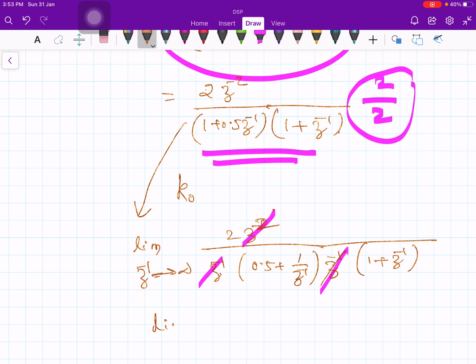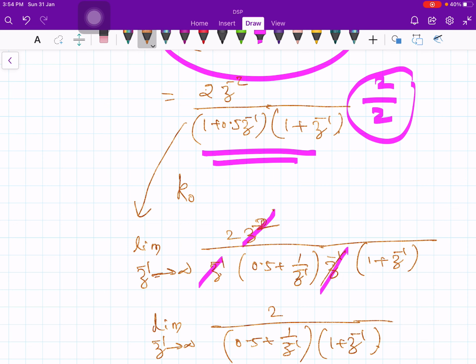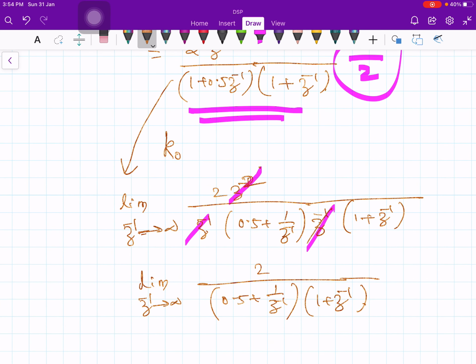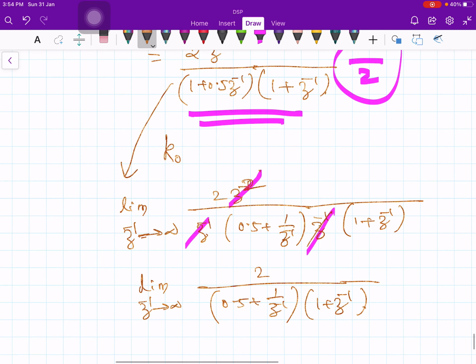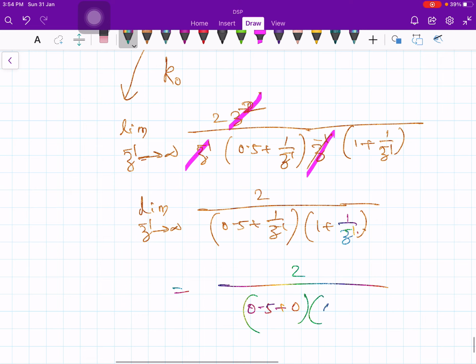Therefore limit z inverse going to infinity, 2 divided by (0.5 plus 1 by z inverse) times (1 plus 1 by z inverse). Sorry, this is 1 divided by 1 plus z inverse, I am sorry. Now this is equal to 2 by (0.5 plus 0) times (1 plus 0).